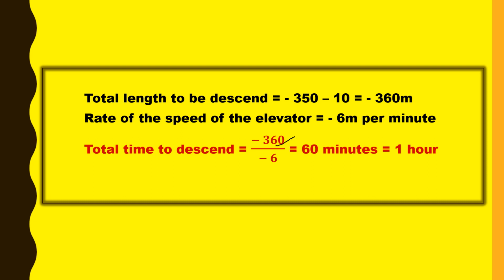Simple, -360 by -6 meters per minute. Minus is cancelled, 6 ones are 6, 6 6s are 36, so 60. So it is taking 60 minutes to travel this complete distance. 60 minutes is nothing but 1 hour. So 1 hour time is taken to travel from 10 meters above the ground to 350 meters below the ground.